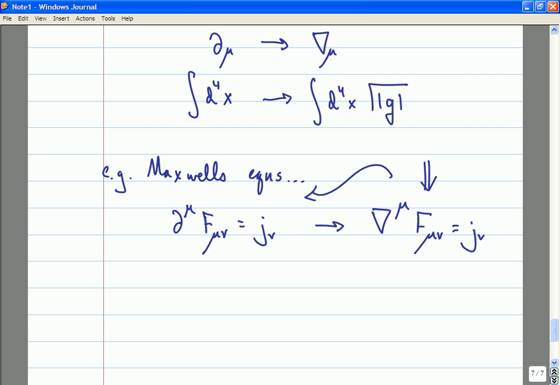But there are many other sorts of equations that I could write down that will also reduce down to this equation in flat space.